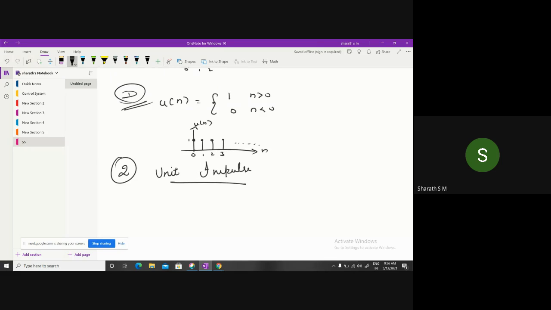And the second one, unit impulse function. The continuous time unit impulse is defined as delta of t is equal to 0 for t not equal to 0.